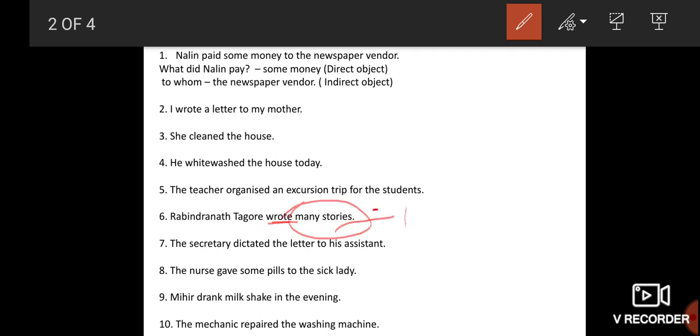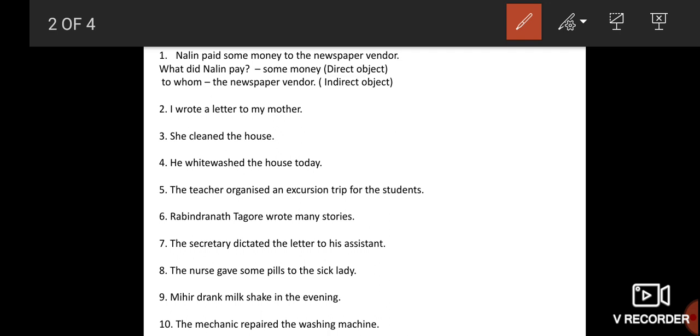This is direct object. Now, next sentence. Oh, Rabindranath Tagore, very famous poet, and he composed Gitanjali, for which he got the Nobel Prize. Okay.